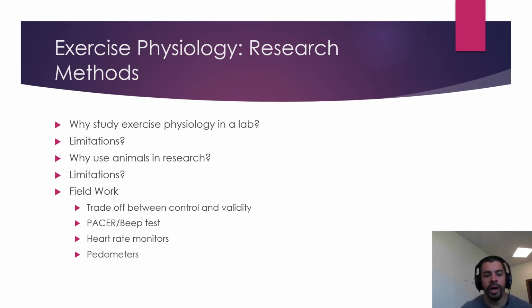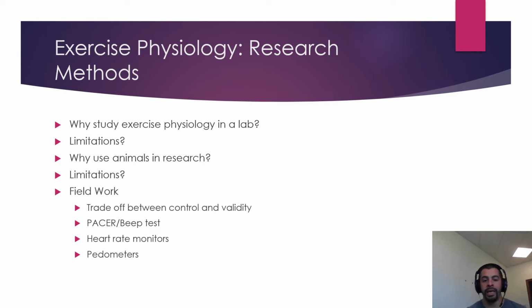Research methods. Why study exercise physiology in a lab, right? Why would we do that? We study exercise physiology in a lab because we can increase our control within our study. We can control variables that you can't control in the real world.